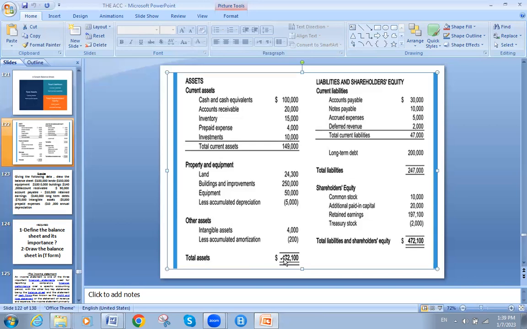As an example, if I summed up all these numbers and they were 472, but here they were 450, then this side is greater than this side. I would say 472 minus 450 gives me 22.